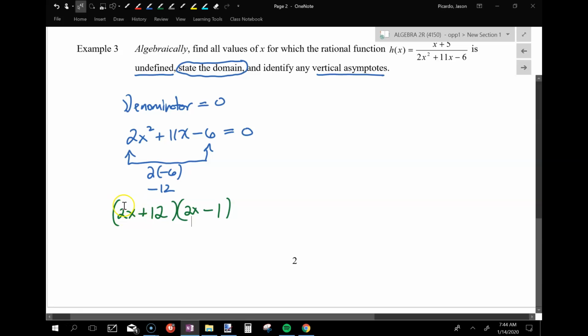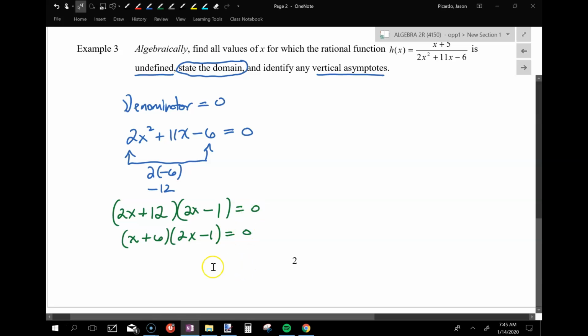And so if I take out a 2, what do I get? X plus 6 times 2x minus 1. Now, these are equal to 0, right?